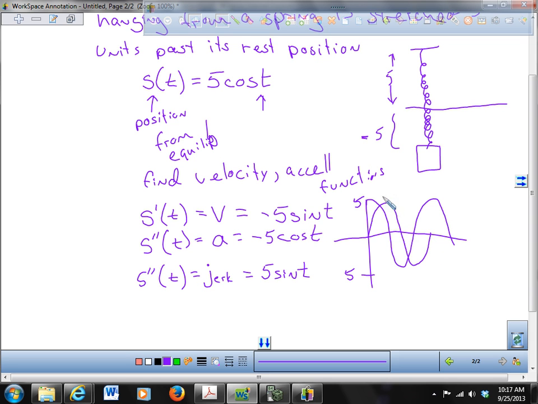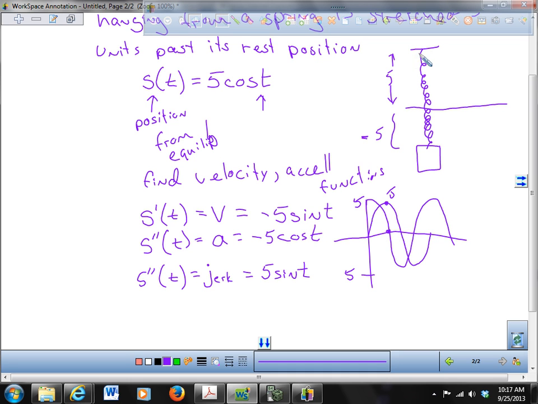If this is the jerk equation, where's my jerk at a maximum? My jerk is at maximum when this thing is what? 0. What's my spring doing at this point?